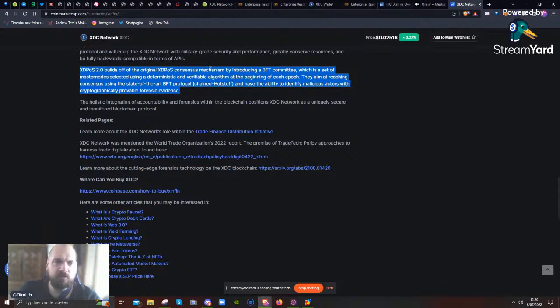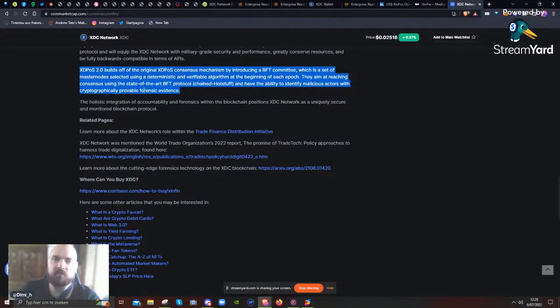By introducing a BFT committee, they are allocating a variety of validators or masternodes using a deterministic and verifiable algorithm at the beginning of each epoch. They aim at reaching consensus. So there is an entire allocating mechanism behind it.